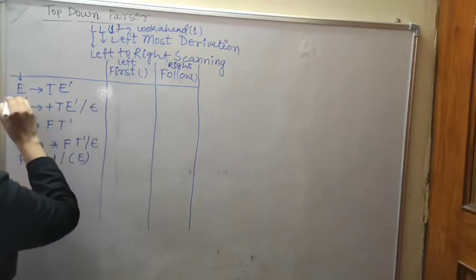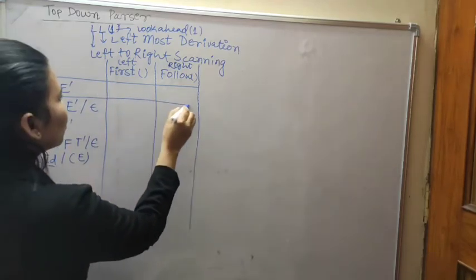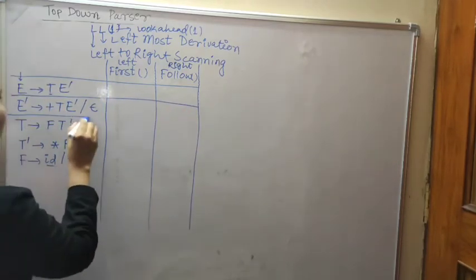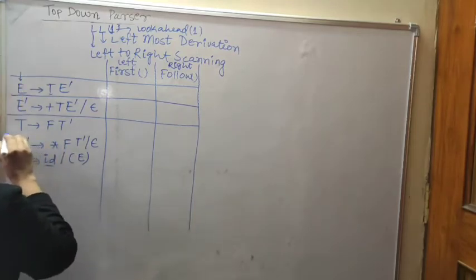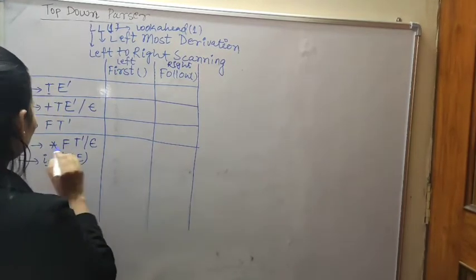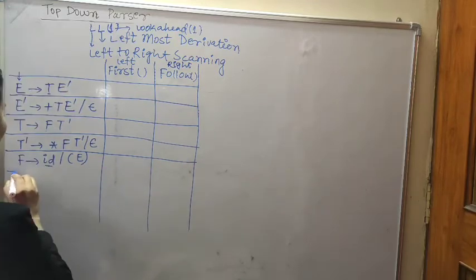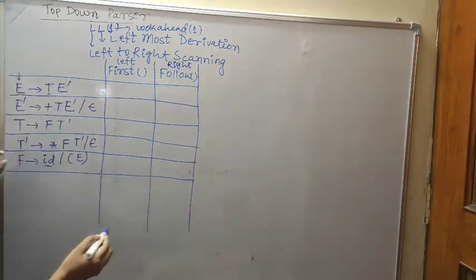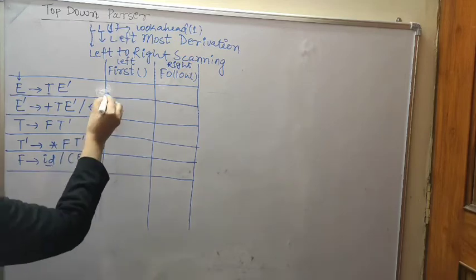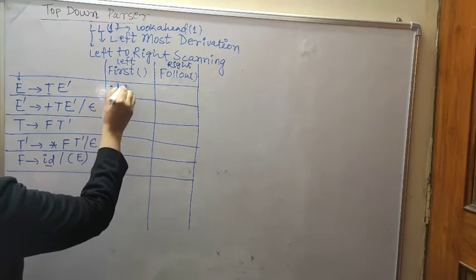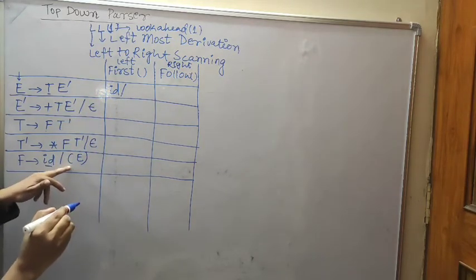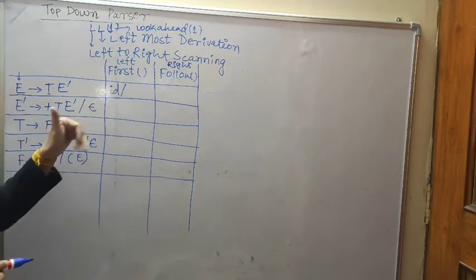So then write, wait, I am drawing the line. So first of F is what? ID. Write down ID. And open braces. Sorry, it is not slash, a comma will come.